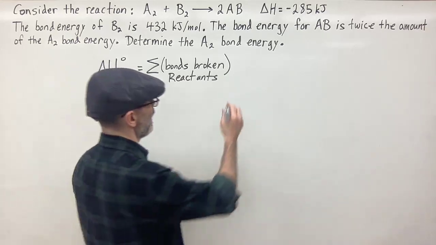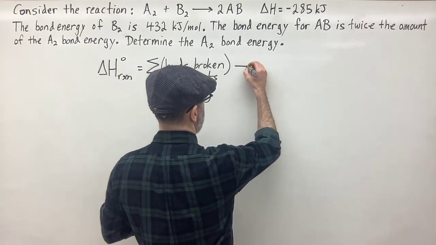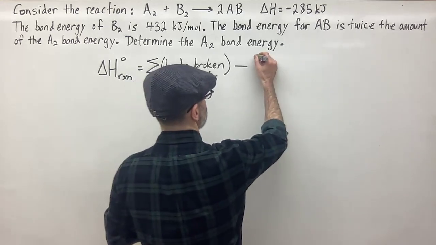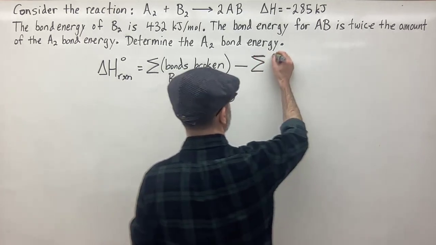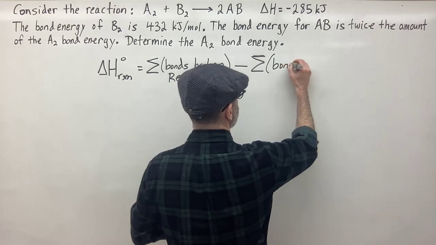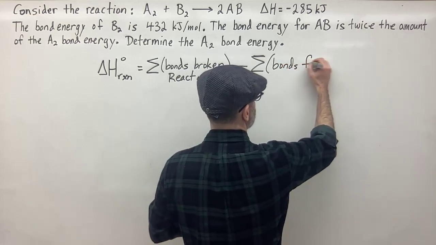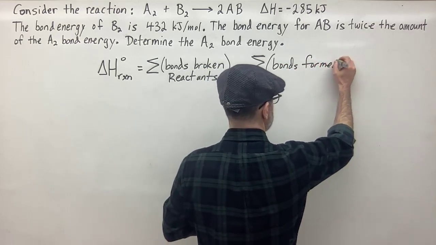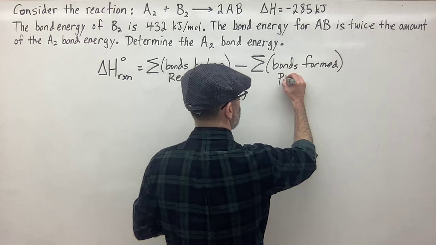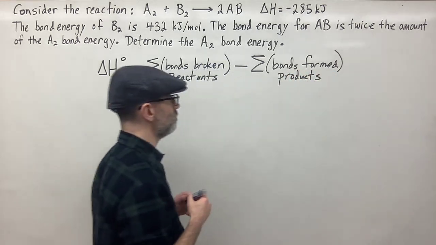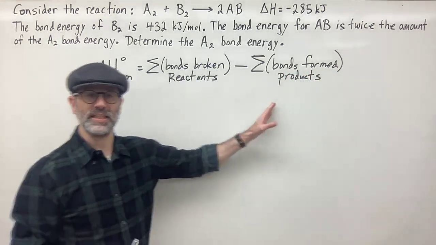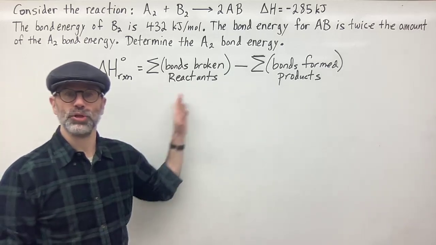So we need a negative sign here. We're going to subtract the sum of the bonds formed, and that's going to be the products. Okay? So that's the equation that we would use.